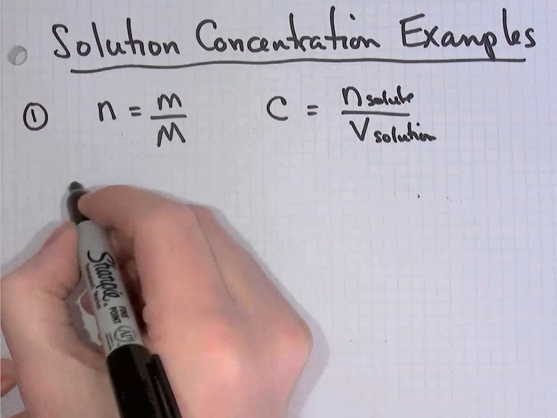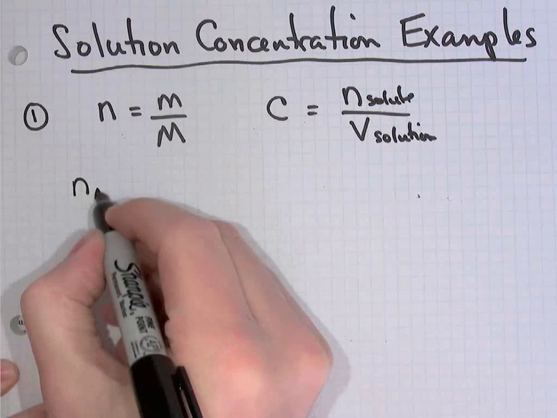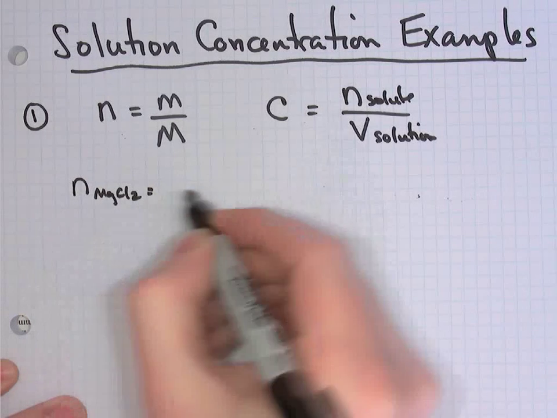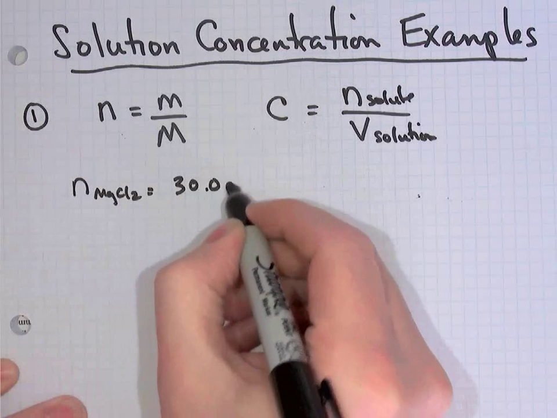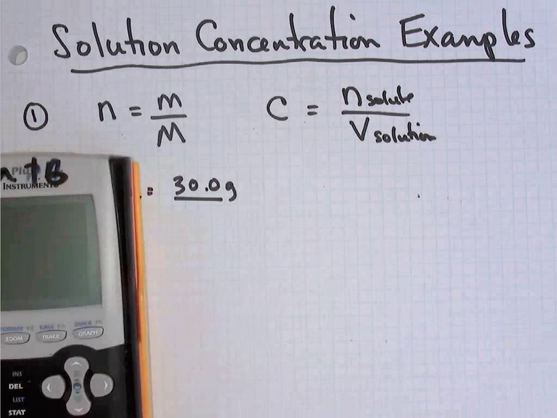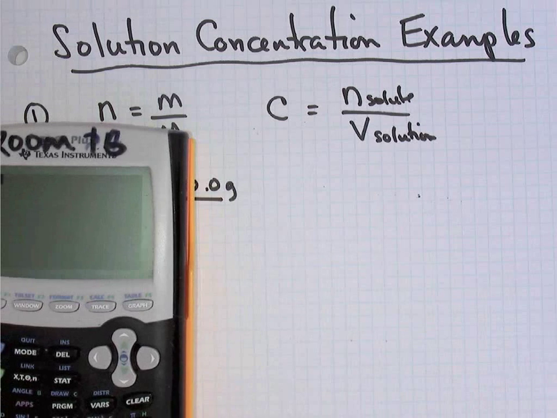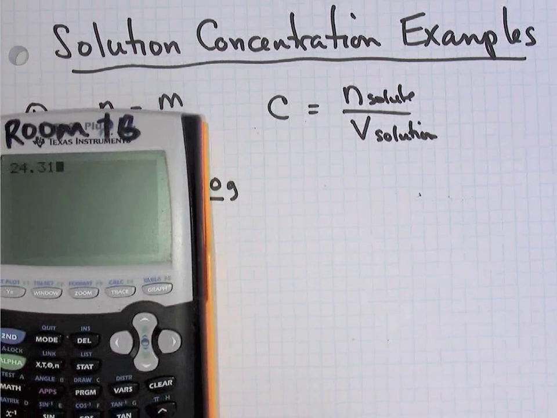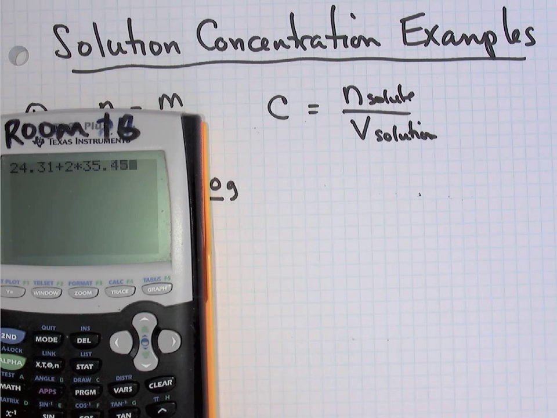So the first thing I'll do is find the moles of magnesium chloride. So 30.0 grams divided by its molar mass, which I'll find from a periodic table. Looking up on a periodic table, magnesium 24.31 is its molar mass, plus 2 times chlorine, 35.45.